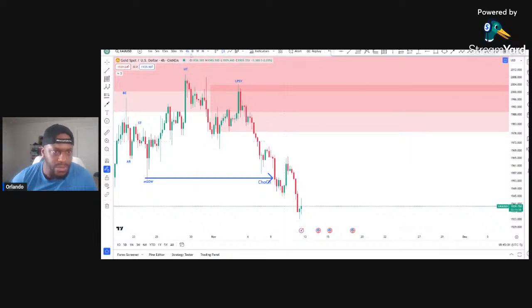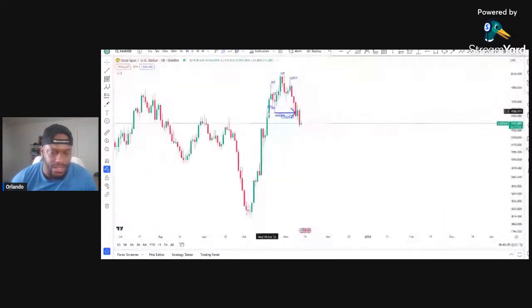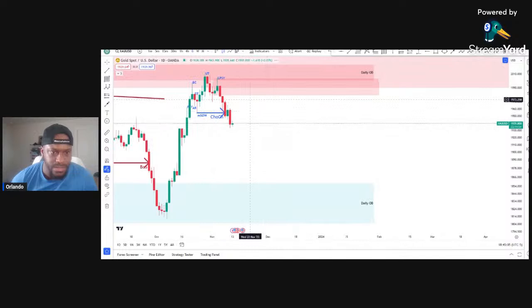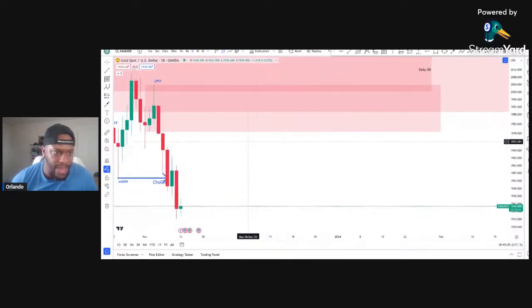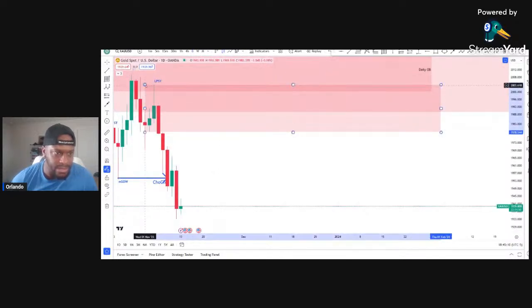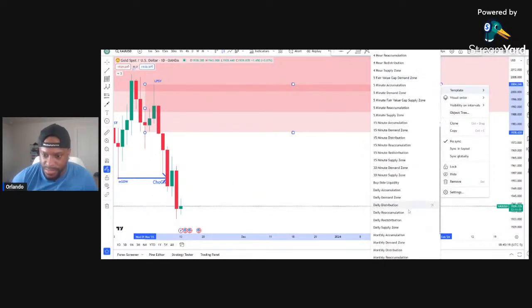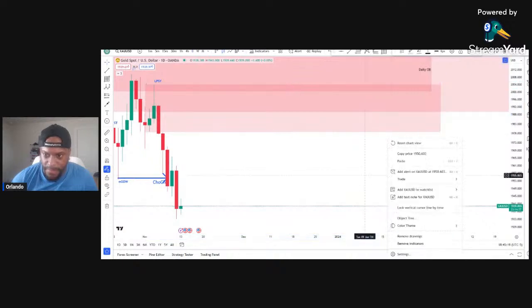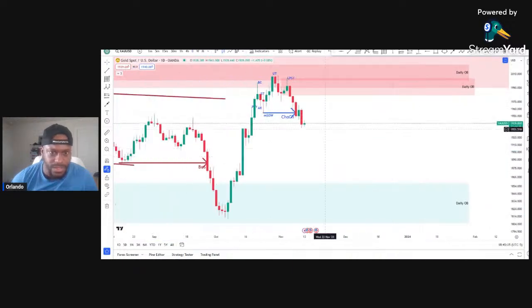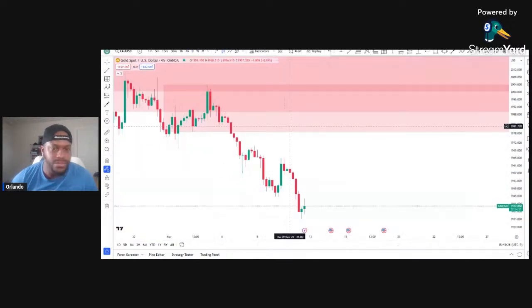So now we know that price has an imbalance right here on the daily. Price has an imbalance. Okay. And then we're going to make this a daily supply zone. All right. So now, boom, let's go to the 4 hour.